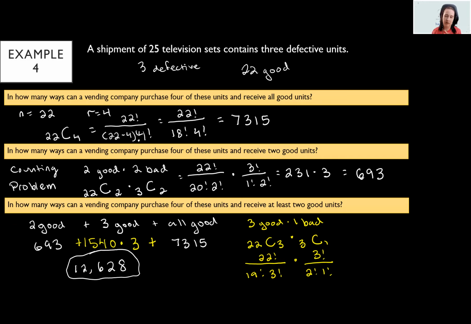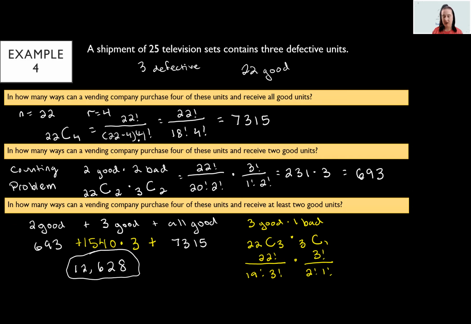So you have to really pay attention to whether it wants exactly 2. If it doesn't say the word exactly, assume that it's got the word exactly in there. And then at least means that you're going to be adding on that many, plus you may have more than that, so you have to consider each of these separately.